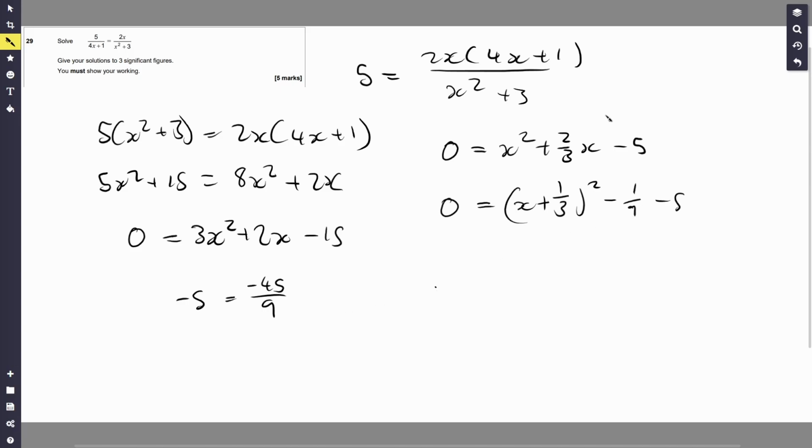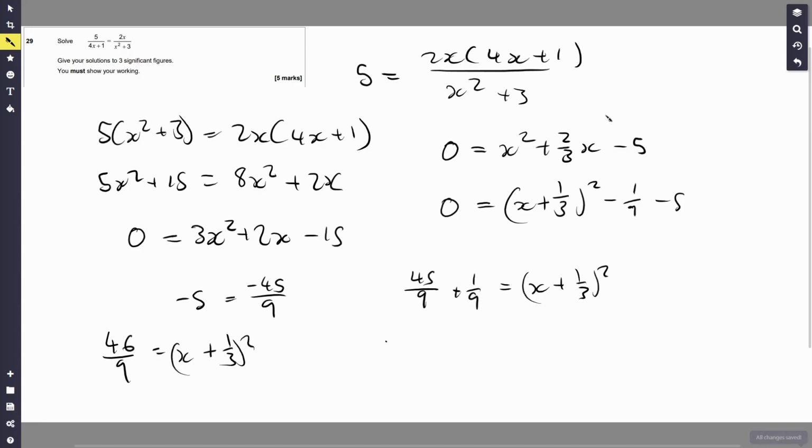And that'll basically then give us, if we're minusing 5, so we're adding 5 on both sides and adding a ninth on both sides, so that'll be 45 over 9, add a ninth, which is equal to this thing, and then we're going to add them together, so that's going to be 46 over 9 is equal to x plus a third squared.